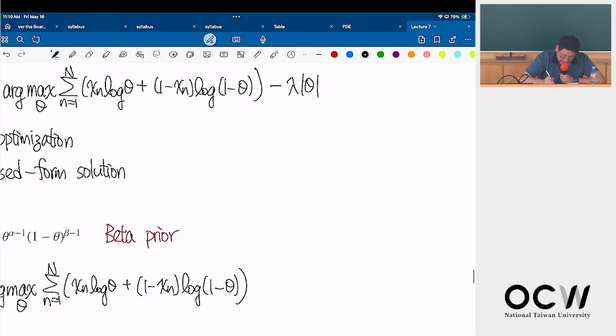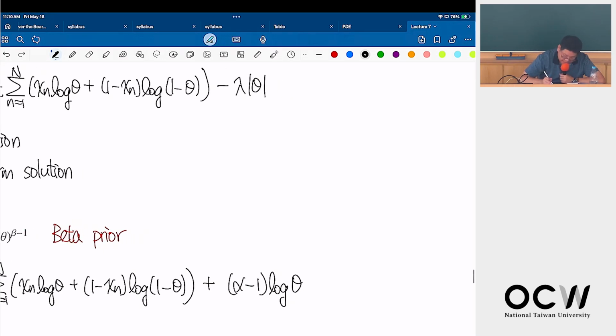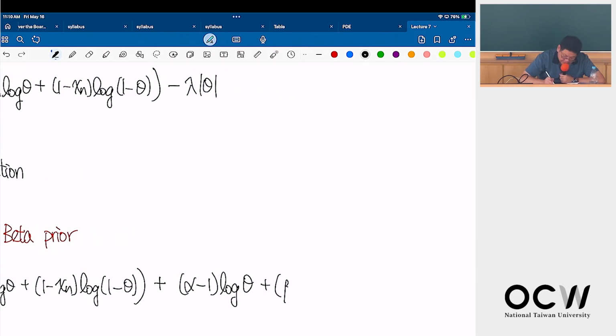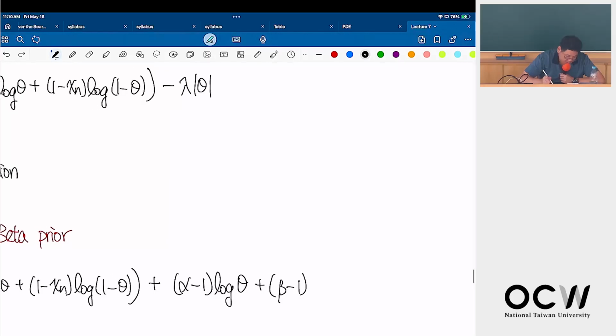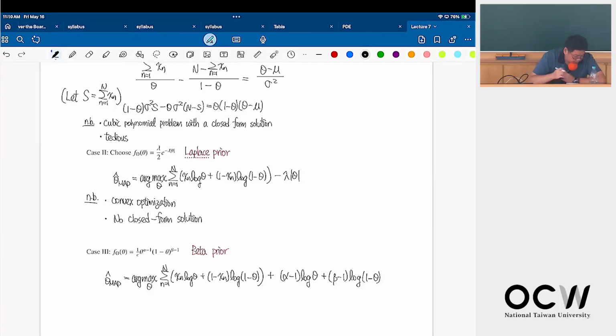And then for our beta prior here, we have (alpha minus 1) log theta plus (beta minus 1) log (1 minus theta). Again, S is the sum of your realizations.